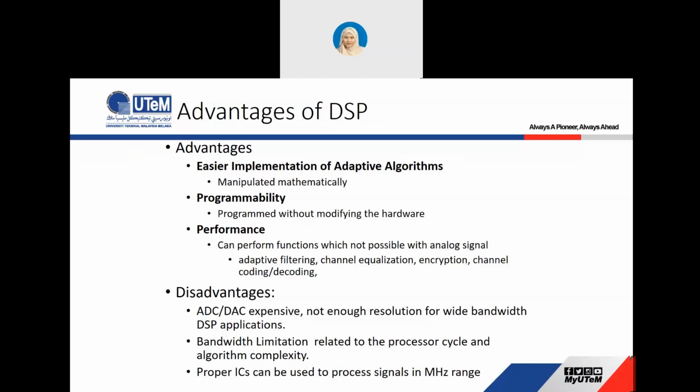And then bandwidth limitation related to the processor cycle and algorithm complexity. So that's why the DSP processor is expensive. If the spec is high, then the price will be higher. Let's say if you want to process signals in the megahertz range, you need a proper IC that can process the signals.